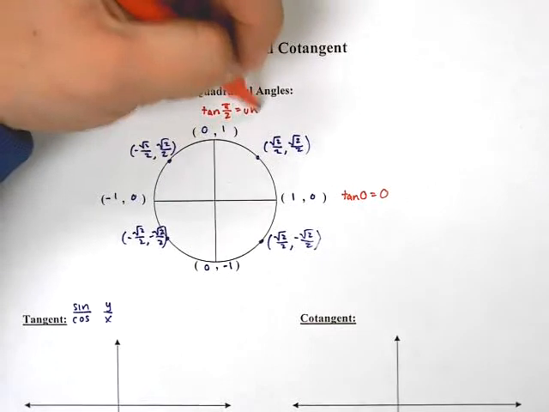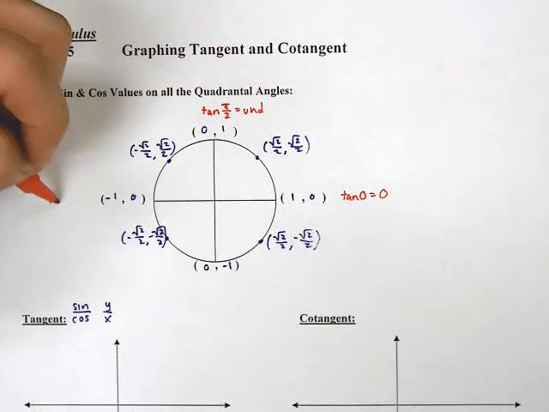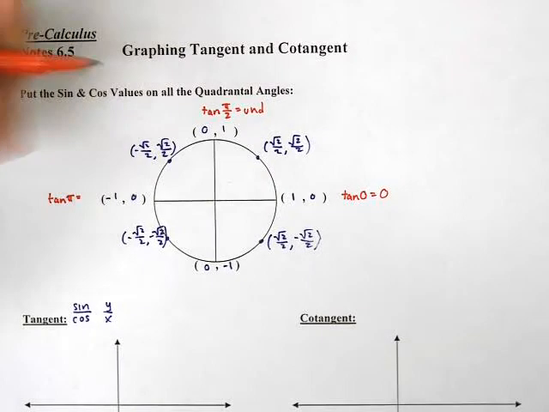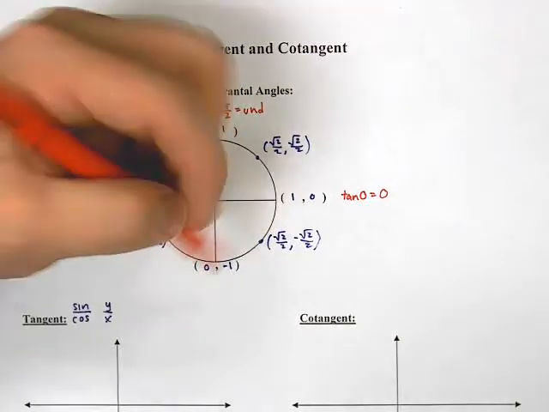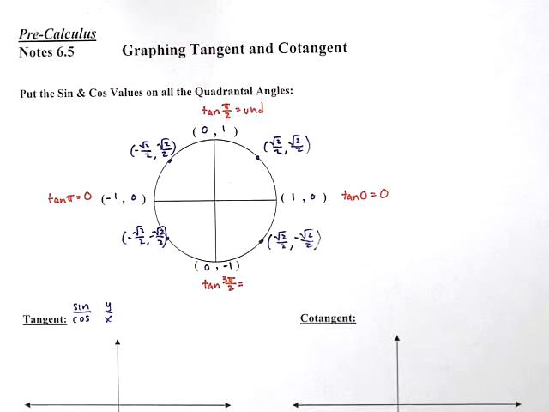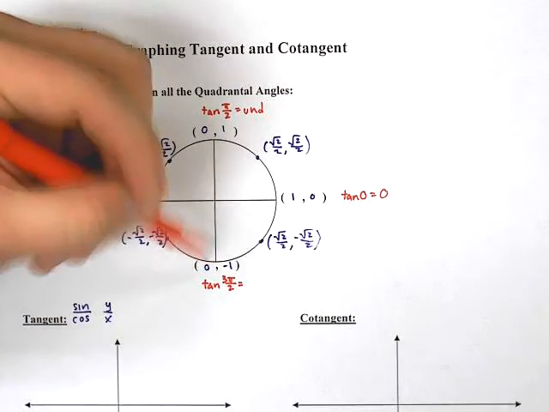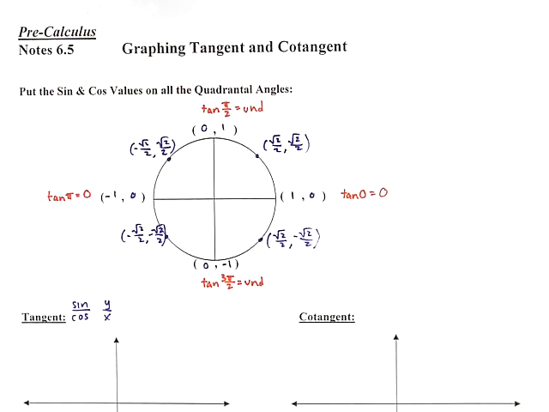Ooh, undefined. Can't do it. Over here, straight to the left, tan of pi, that would be 0 over negative 1, so again we're at 0, and tangent of 3 pi over 2 is equal to negative 1 over 0, undefined again. Okay, so now we have the quadrantals.